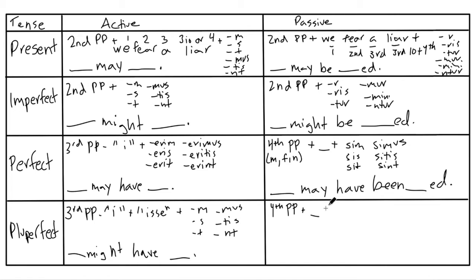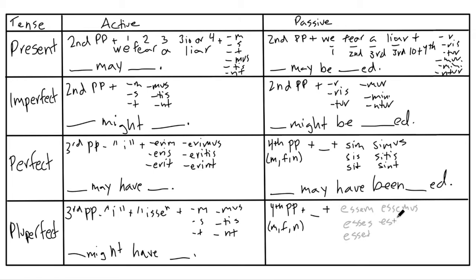For the pluperfect passive subjunctive mood verb, you also use the fourth principal part. So that's differentiating between masculine, feminine, and neuter, the three genders. You add a space, similar to the perfect passive subjunctive mood, and instead of the present active subjunctive mood of the verb of being, you add the imperfect active subjunctive mood of the verb of being, which is essem, esses, esset, essemus, essetis, essent.